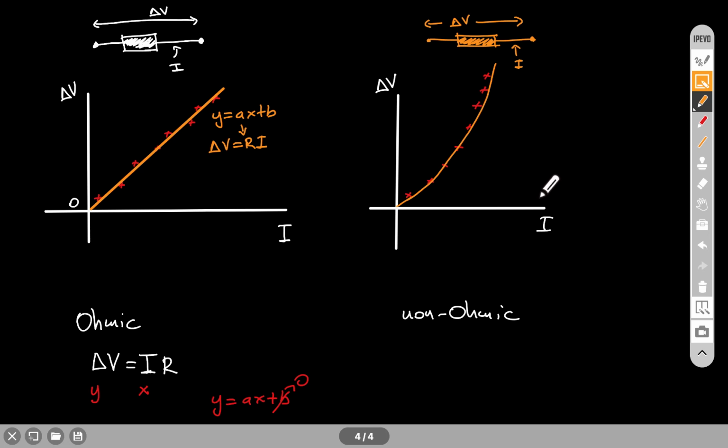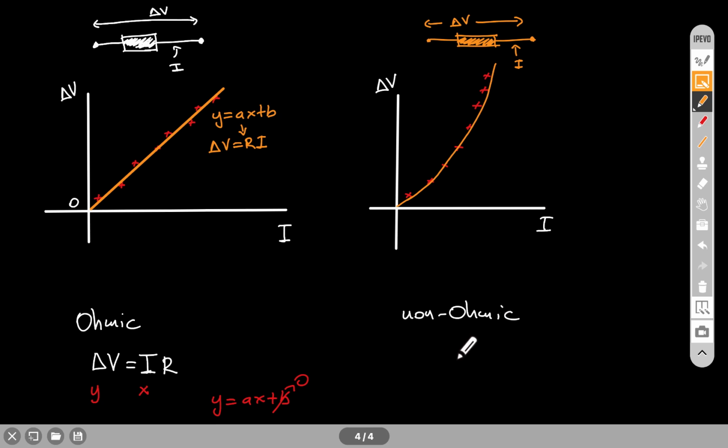And it is important to remember that not all objects obey Ohm's law. If I give you what we call resistors, those are made from ohmic materials, and they are made so that we can use this relationship when we work with circuits. If I give you a light bulb, on the other hand, and I ask you to do this kind of graph experimentally, delta V versus I, you will see that the relationship between those two quantities is not linear.